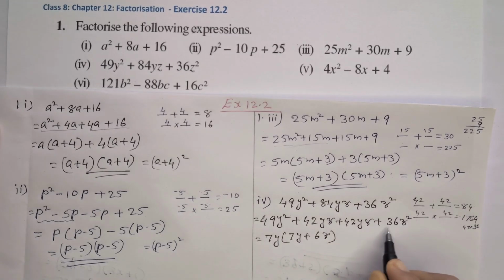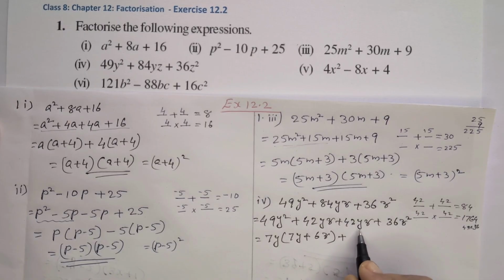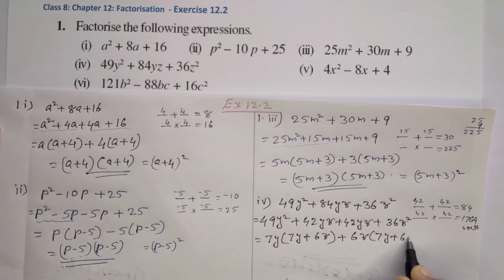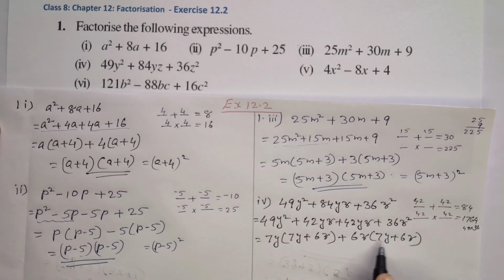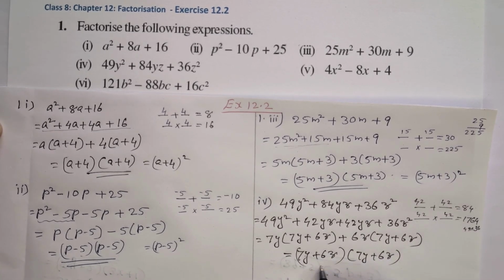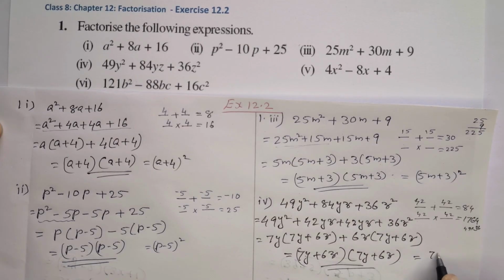From the next two terms, 42 and 36, we can take 6 as common and z also. Here 7y and here 6z. From that this bracket is common. 7y plus 6z into 7y plus 6z, which is same as 7y plus 6z the whole square.